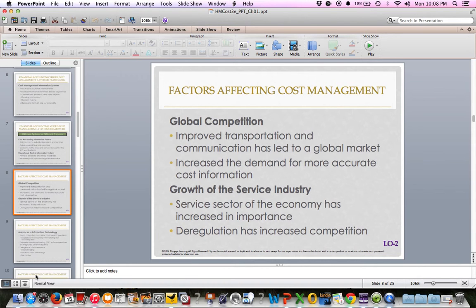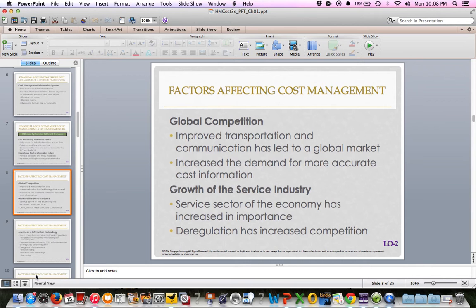And the factors affecting cost management include competition. Obviously, in general, we as consumers expect higher quality goods at a lower cost over time. It's kind of what we expect to receive, right? Because global competition and the competition for our dollar is so intense that we don't live in a U.S. economy as much as we live in an international economy.